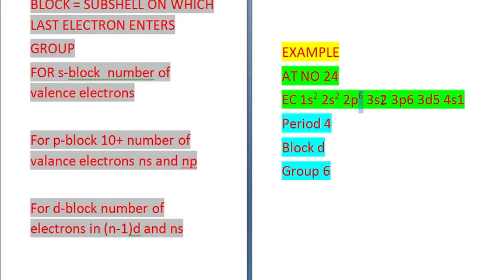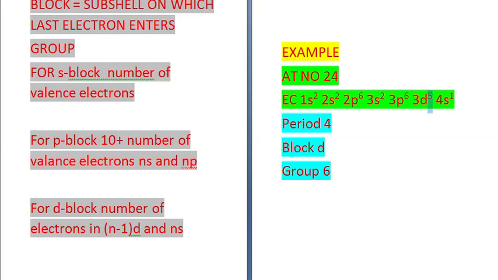This makes it 2 plus 2 plus 6, that is 10. Then 3s2, 3p6, then 1 electron goes to 4s1 and the remaining 5 electrons go to 3d5.